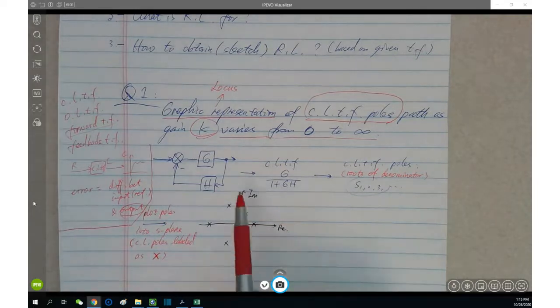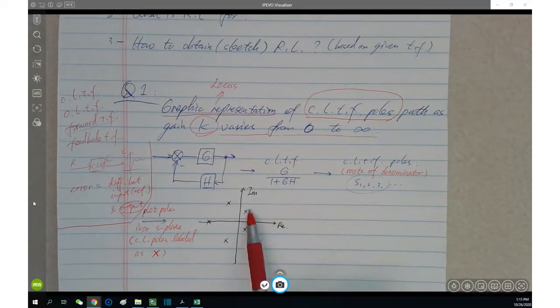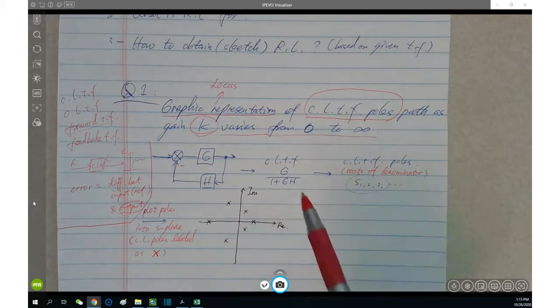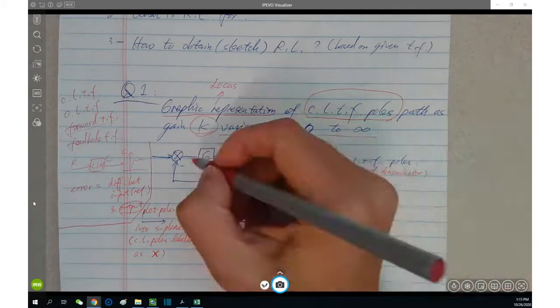So once again, given a specific system, you have a particular closed loop transfer function, and therefore you have a limited number of poles. You place them into the S-plane, and they are shown as what? A bunch of dots, a bunch of crosses, per se. It won't be a path until you introduce a k here. What does it mean?